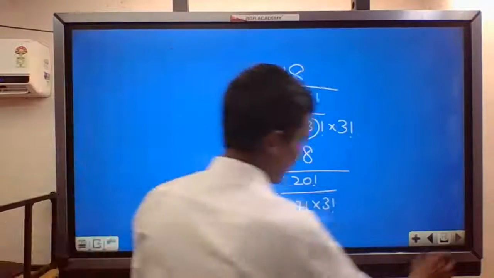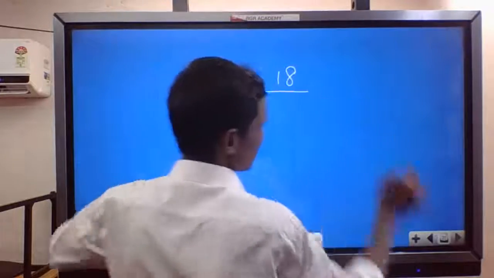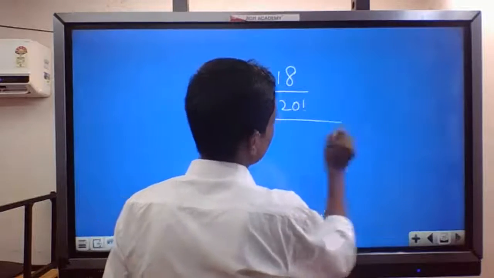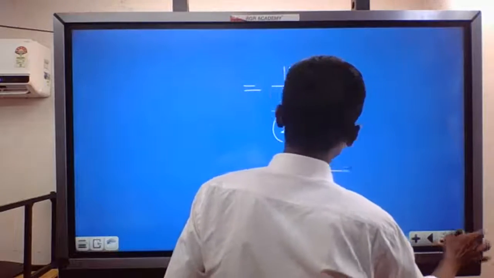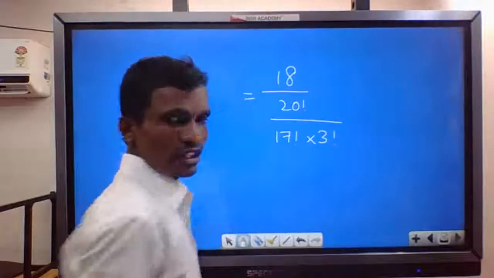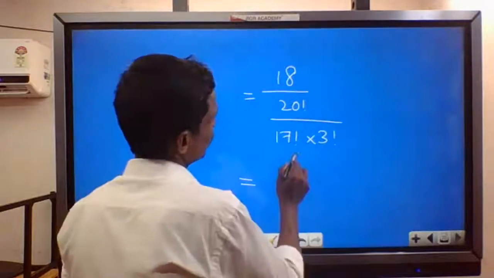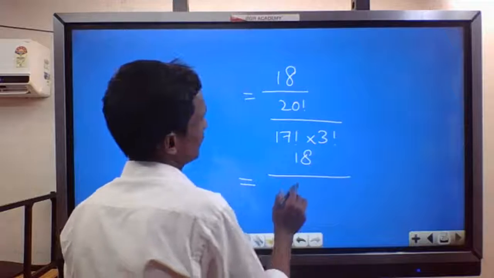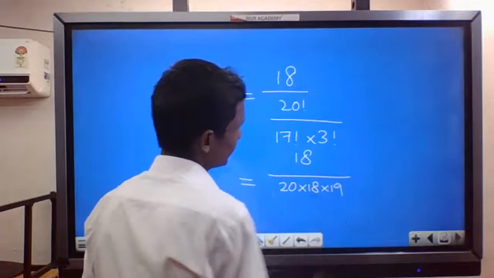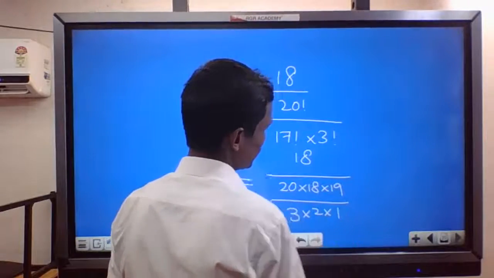We write 20 factorial as 20 into 19 into 18 into 17 factorial, divided by 3 factorial, that is 3 into 2 into 1.